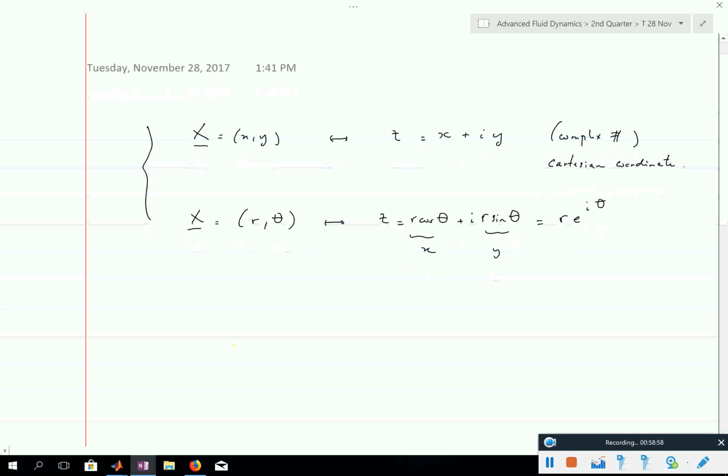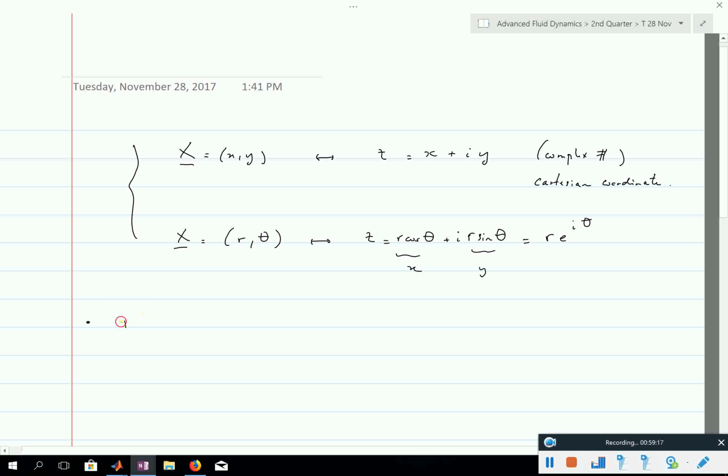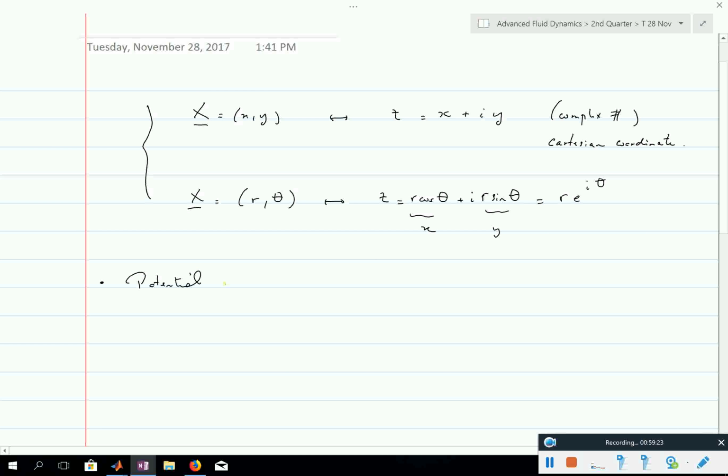Okay, and so what we're going to do is also define, instead of having a real potential depending on x and y, a complex potential as a function of the complex variable z. And so we can define a complex potential at every single point, which we represent with the complex variable. So let me write that. The potential that we've seen can be generalized to complex potentials.